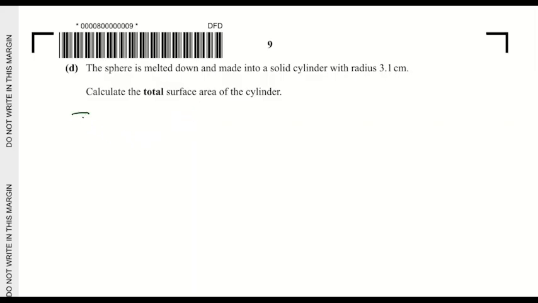So the total surface area of the cylinder equals the curved surface area plus the area of the circular base and the circular top. So that will be the area of the two circular ends.